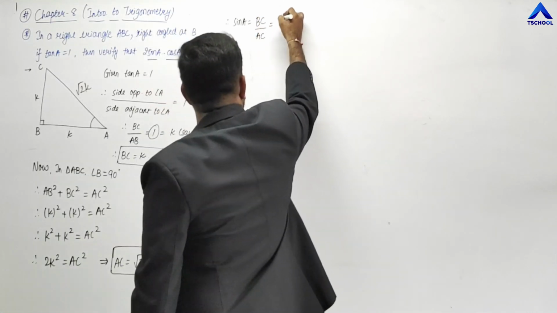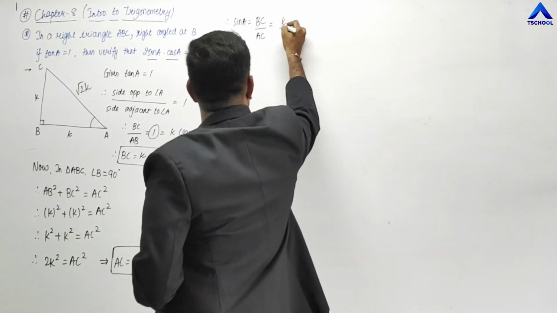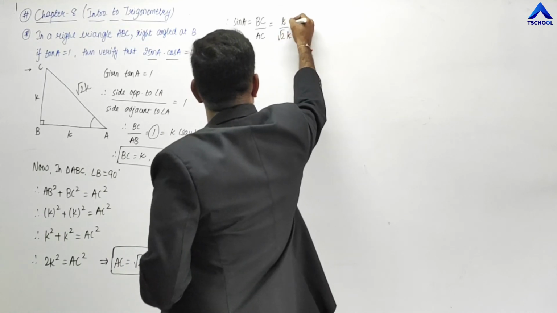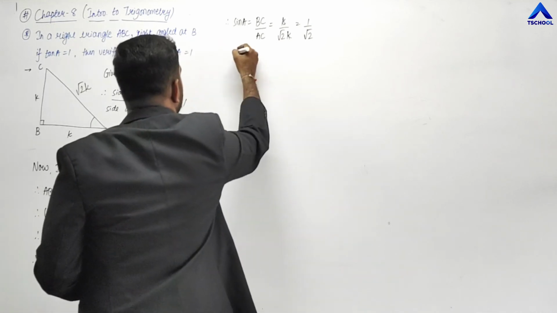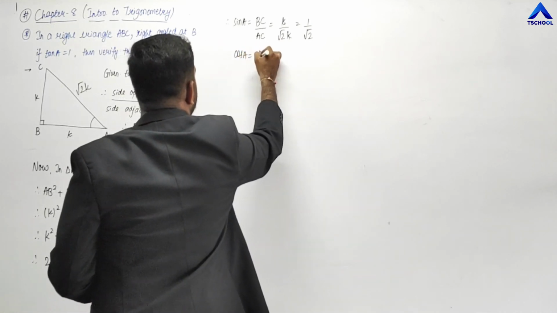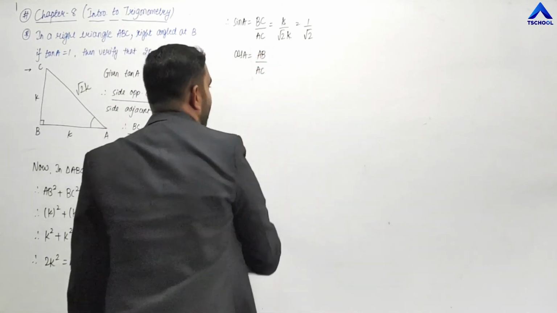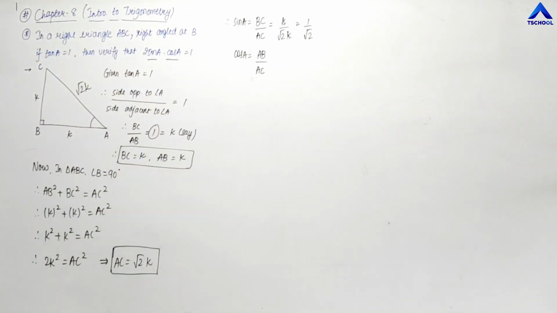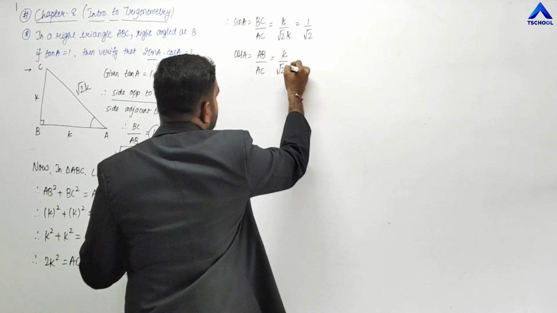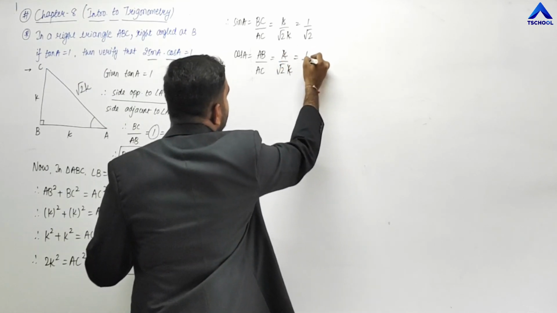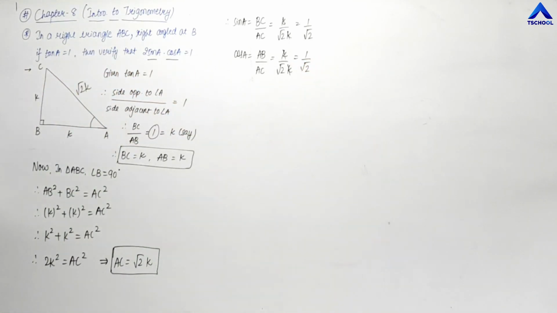BC is K, AC is root 2 K. K and K cancel, so sin A is 1 upon root 2. And cos A is side adjacent to angle A divided by hypotenuse, that is AB upon AC, which is K upon root 2 K. K and K cancel, and hence cos A is also 1 upon root 2.